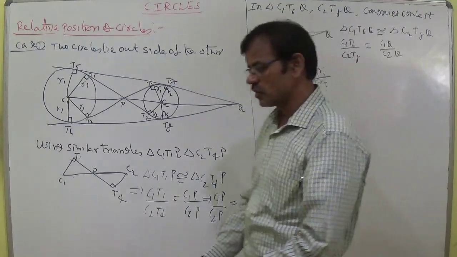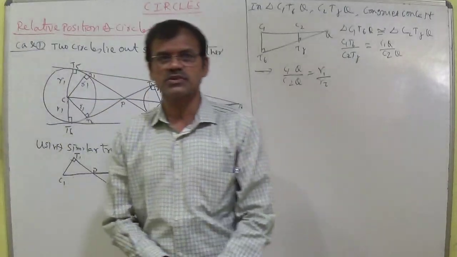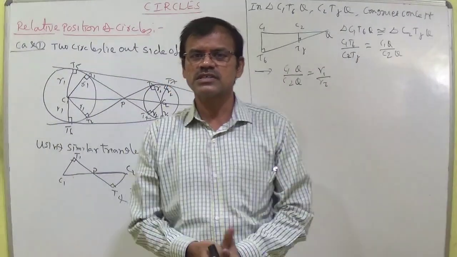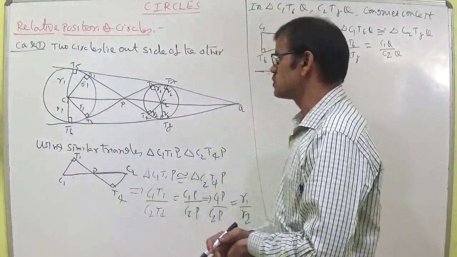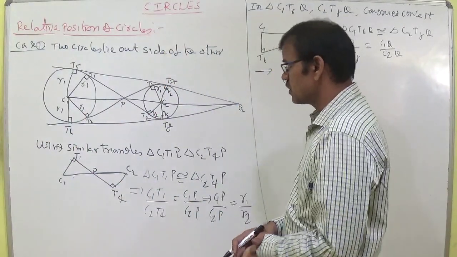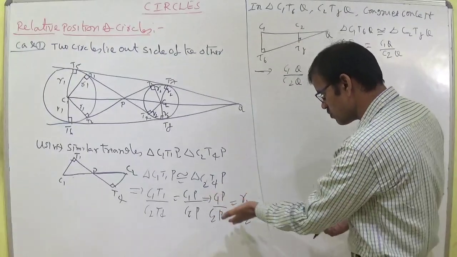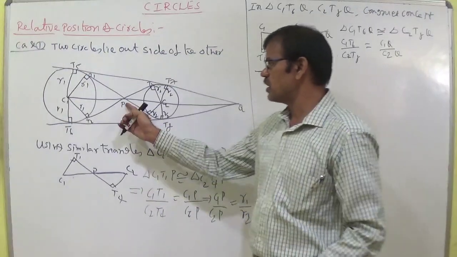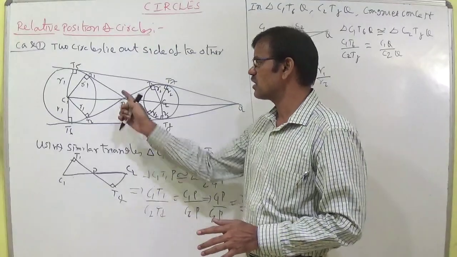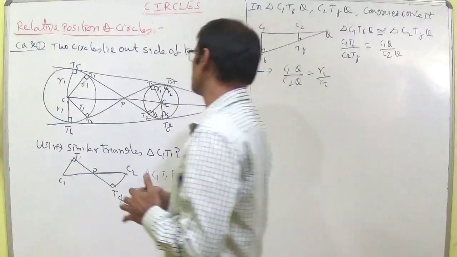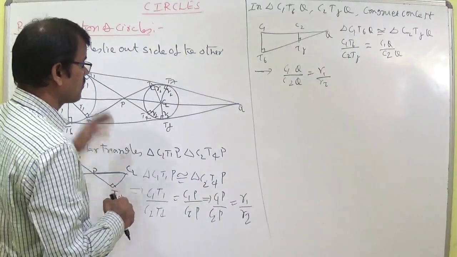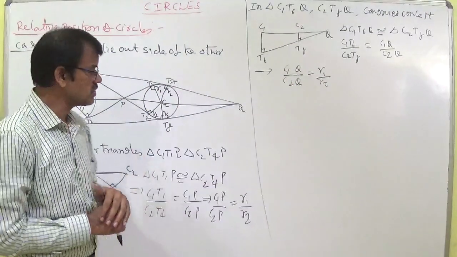Now, the theorem we are discussing is the concept of common tangents if two circles lie one outside of the other. What is C1P by C2P? Here P is the point of intersection of the two tangents between the circles, and Q is the point of intersection of tangents outside of the circles.